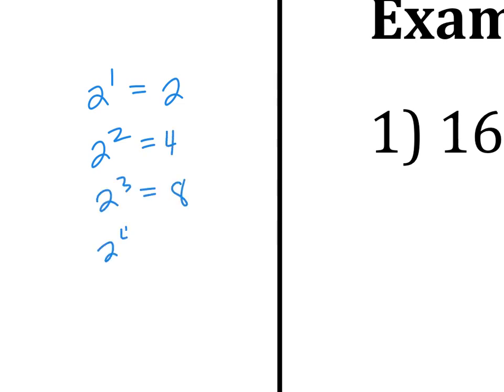So for example, we memorize these, right? 2 to the first is 2, 2 to the second is 4, 2 to the third is what? 8, 2 to the fourth is 16, 2 to the fifth, times another 2, 32, 2 to the 6? 64. Okay, so you got to memorize all the interesting numbers.